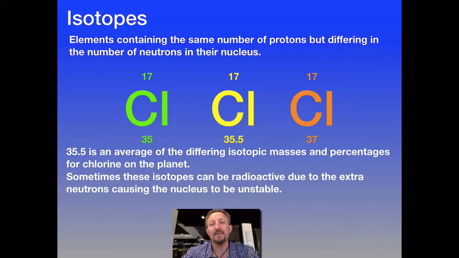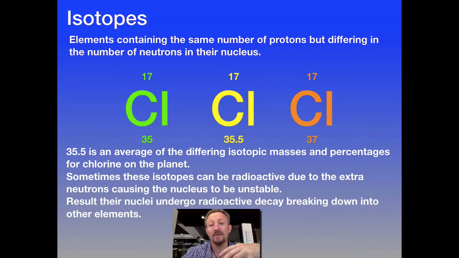Now, some of these isotopes, because they've increased in mass, make the actual nucleus very unstable, and because it's unstable they become radioactive, and often those radioactive particles can then break down, splitting the nucleus up, releasing energy and converting them into different types of elements.